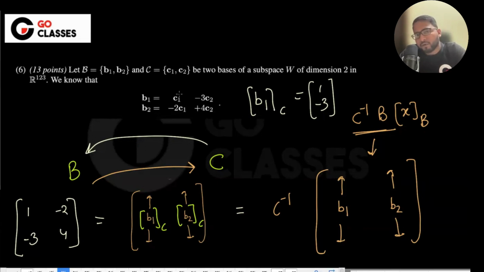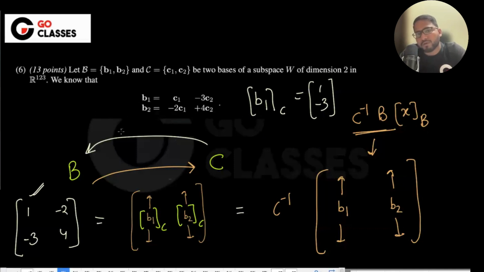One idea is that you find out the values of C1 and C2 in terms of B1 and B2, which is okay. But if they have already given something like this, then what can you do? You can do this, as Aditya is also saying.